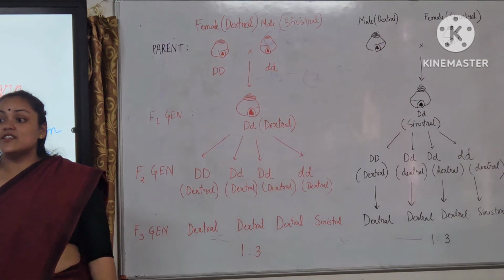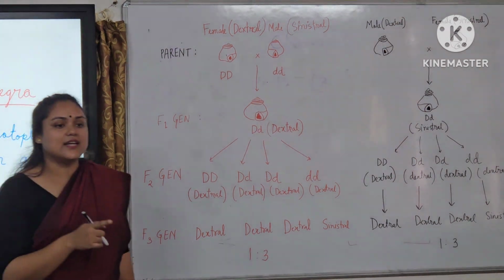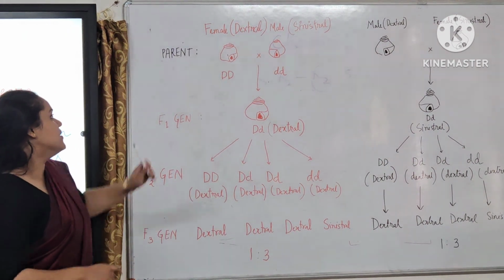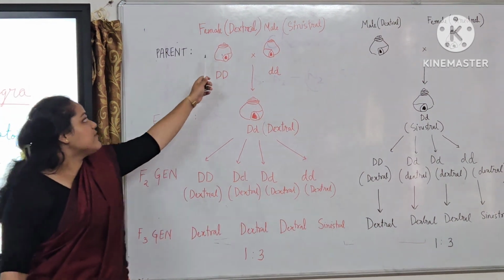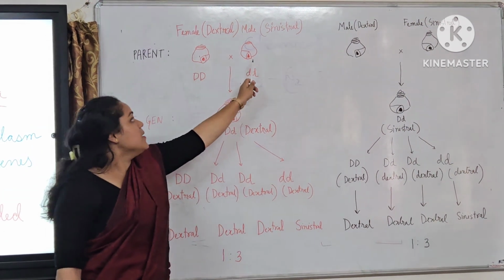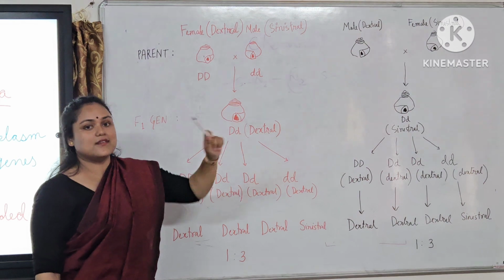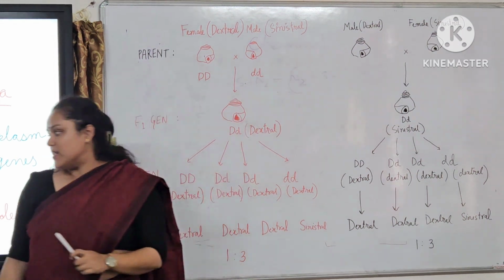Again, the genotype of the mother will decide the phenotype of the offspring. For cross number 1, we have taken a female which is dextral and a male which is sinistral. Dextral means the shell is right-hand coiled and sinistral means the shell is left-hand coiled.